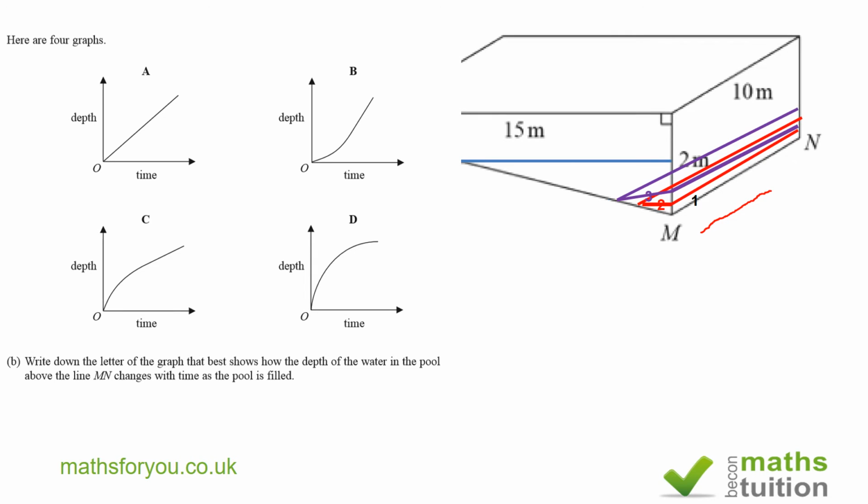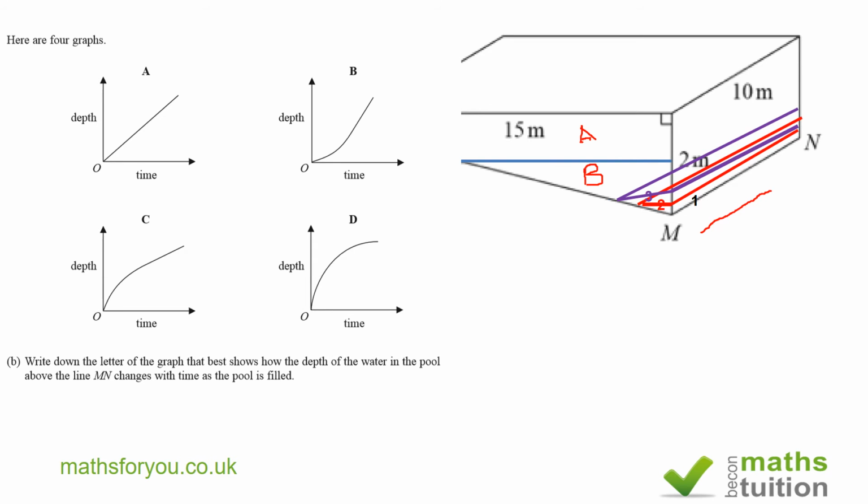Now, if you look at section A and section B, these two sections, A is in effect a rectangle, while B has got a right angled triangle.